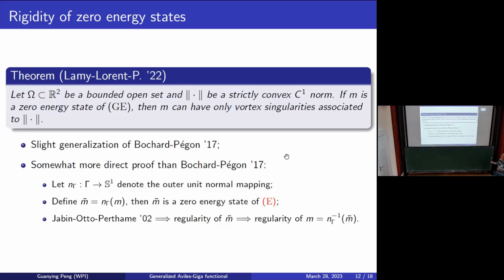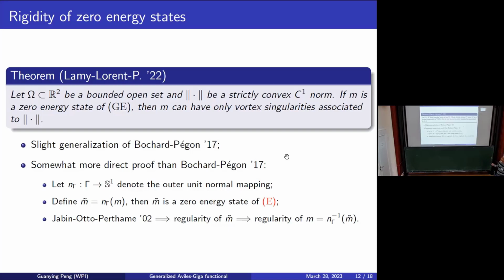So M tilde is indeed a zero energy state of the classical Eikonal equation, and we can just borrow the classical result by Xavier, Otto, and Pegon to get the regularity for M tilde. Because the norm is strictly convex and C1, the mapping N sub gamma is a homeomorphism in general. The regularity of M is then obtained from the inverse mapping of N gamma and the regularity of M tilde. This is how we got to this regularity.